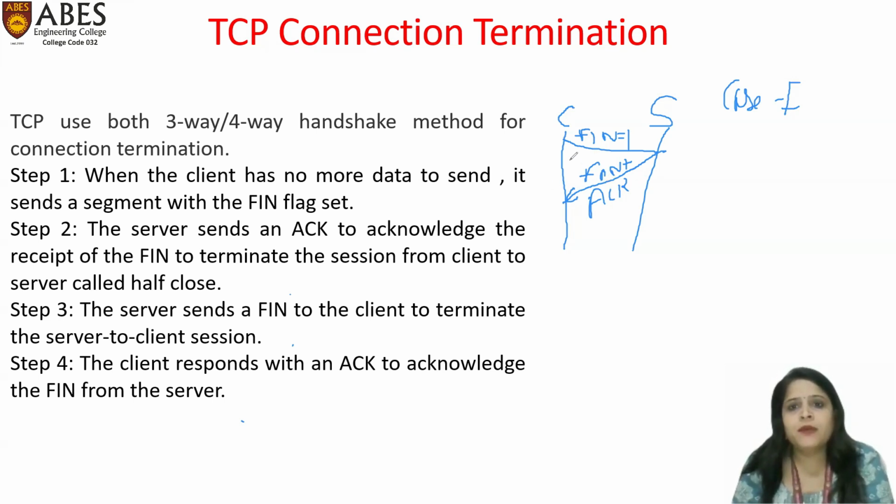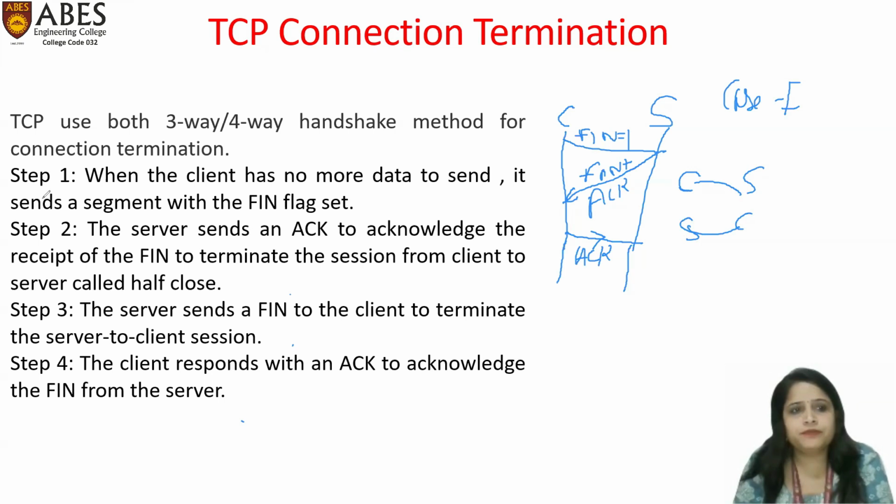Both client and server want to close the connection. So in the third step, the client also sends an acknowledgement to the server to inform that your FIN segment was received successfully. In that way, the connection between client and server terminates properly, right?